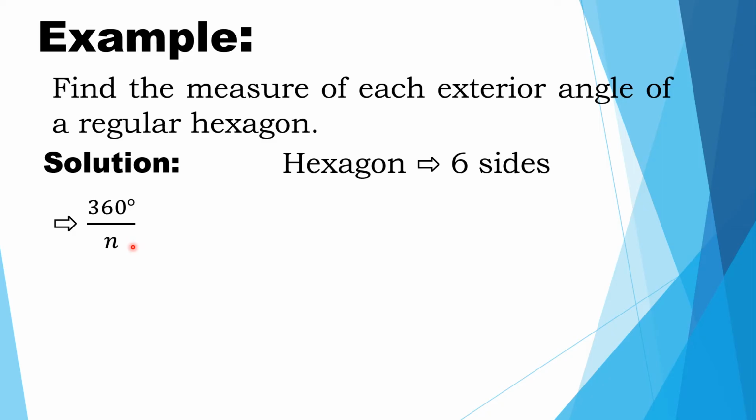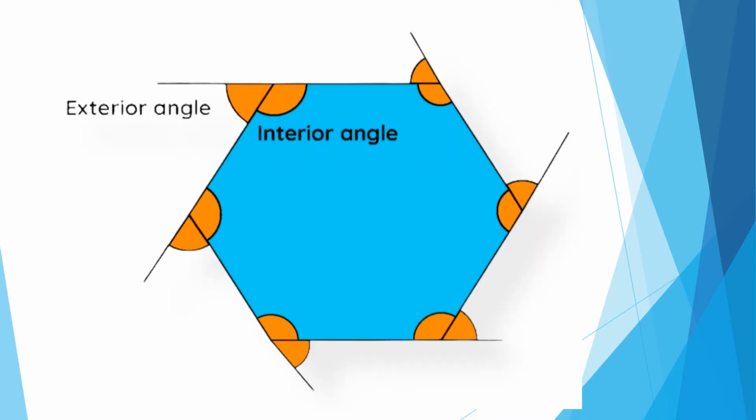N is the number of sides. Hexagon has 6 sides. 360 degrees divided by 6 is equal to 60 degrees. Therefore, the measure of each exterior angle of a regular hexagon is 60 degrees.